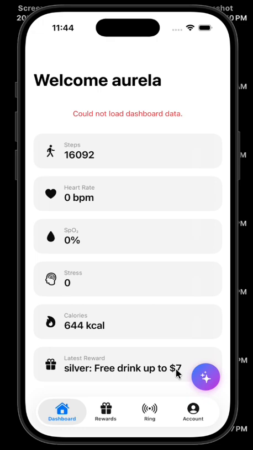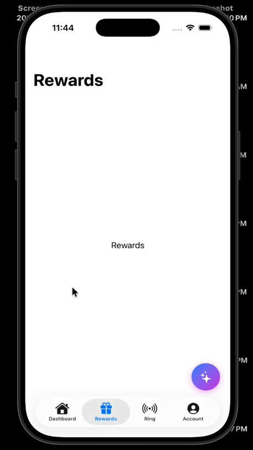So the idea is the more you work out, you will get certain rewards, and then a user would be able to select certain brands that they like, and the app would suggest certain rewards that relate to those brands as you hit your fitness goals. So this is where I would implement that.